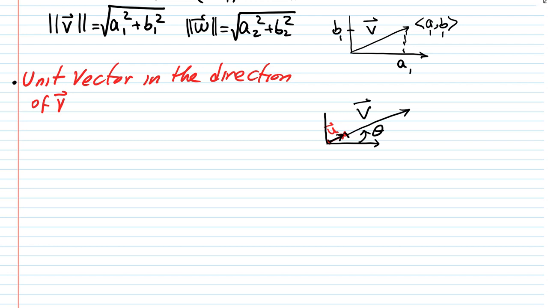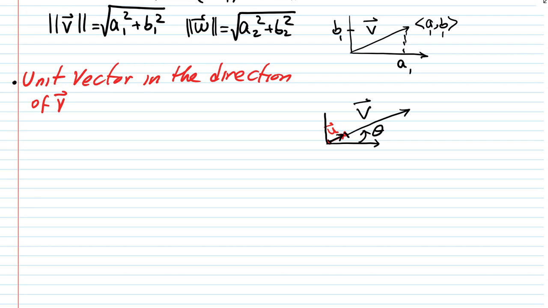In ij form, that's ai plus bj over the magnitude, the square root of a squared plus b squared. So we can write this in components form as a over the square root of a squared plus b squared, and b over the square root of a squared plus b squared. And that's what the unit vector u is going to look like.